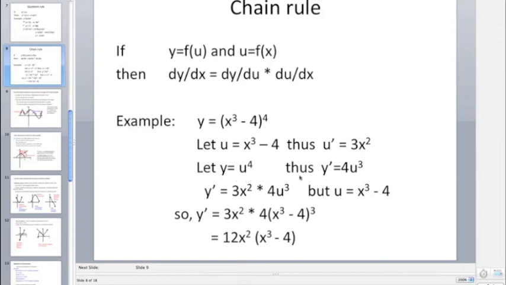Thus you can find out y dash equals 4u to the power of 3. Finally, we get the answer 12x squared times (x cubed minus 4) cubed. So that's the chain rule.